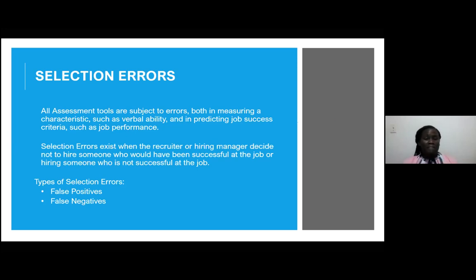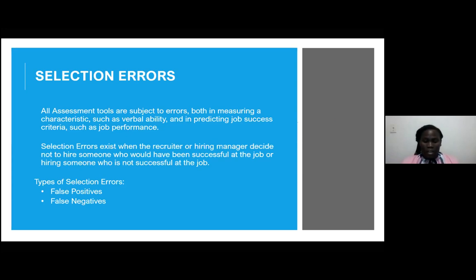What do we mean by false positives? So we're hiring the wrong person and the individual is unable to demonstrate his or her skill sets on the job. And with this error, it can allow the reputation of the organization to be ruined. So using the example of the Petrojam situation with the human resource manager, we can safely say that this was a false positive.